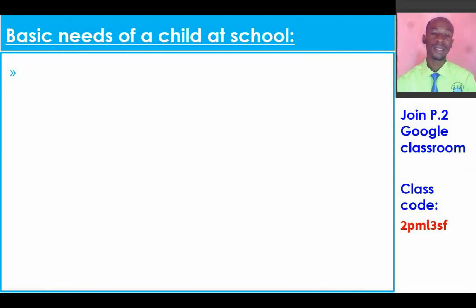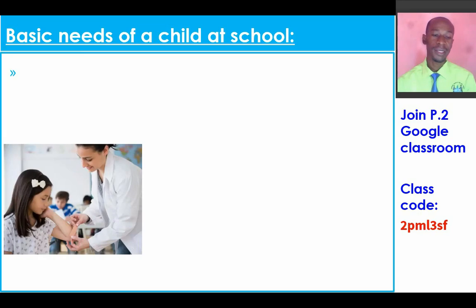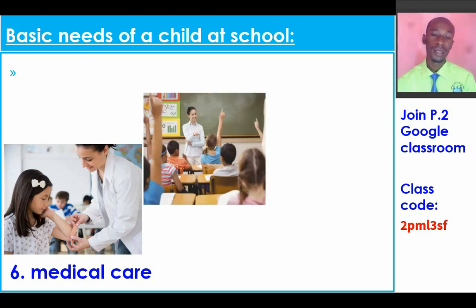Let's add on the list. We are still looking at basic needs of a child at school. There is this one. I see a girl and a nurse. So that is medical care. We have this under the basic needs of a child at home. Then we've got to see a teacher with some learners in class. Which basic need is this? So this is education.